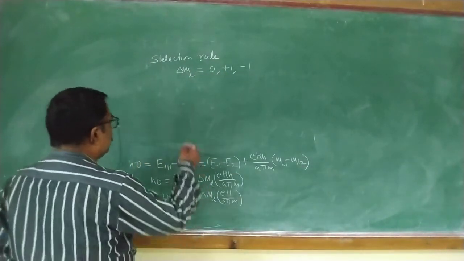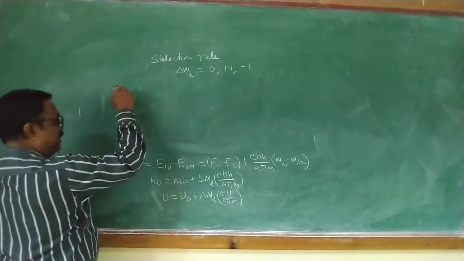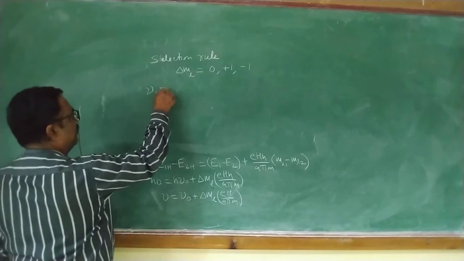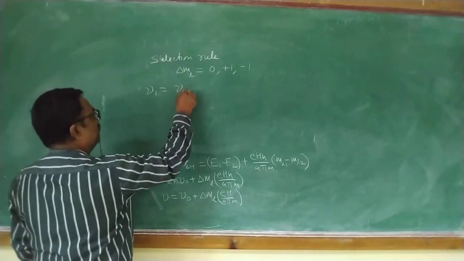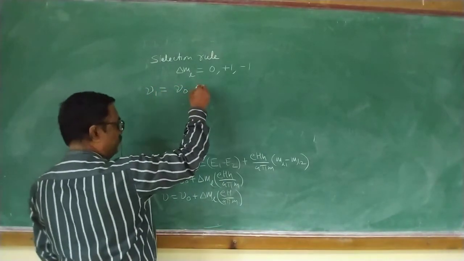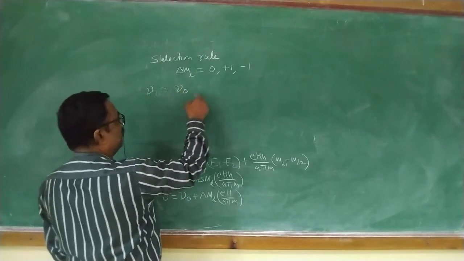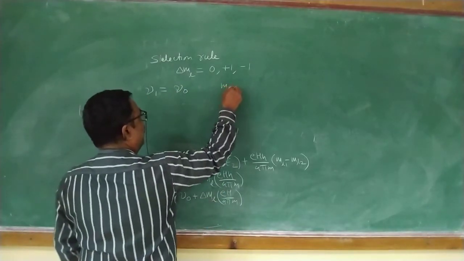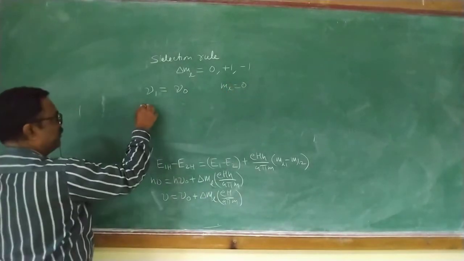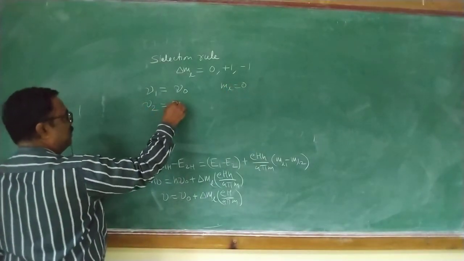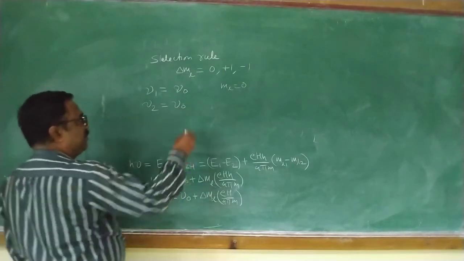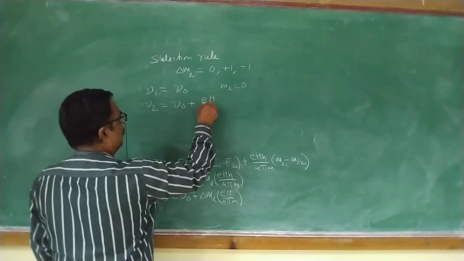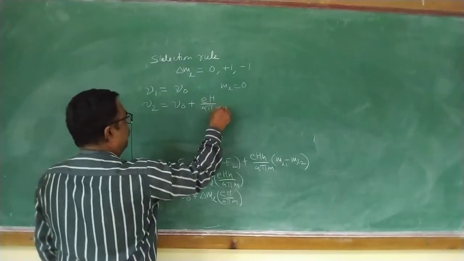So if you put delta ml equal to 0, nu 1 is equal to nu 0. Put 0, nu 1 will be equal to nu 0, for delta ml equal to 0. Nu 2 is nu 0 plus EH by 4 pi m.